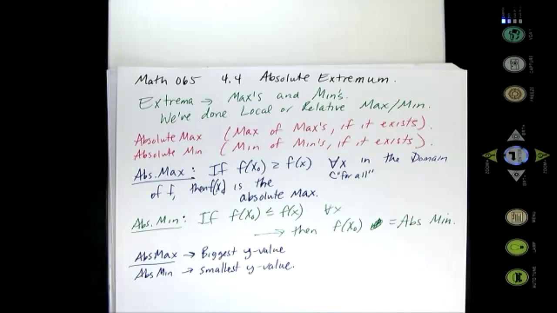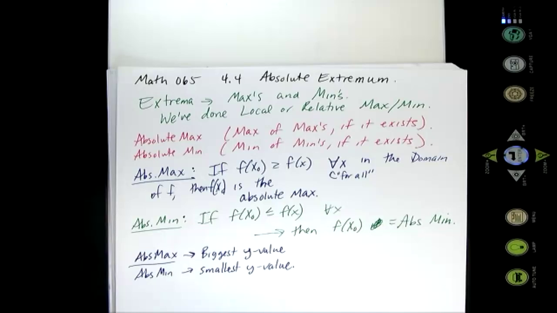Now, where did we find the maxes and mins before? Not the inflection point, but the highest point on the curve. How do we find that? The first derivative leads us to it.